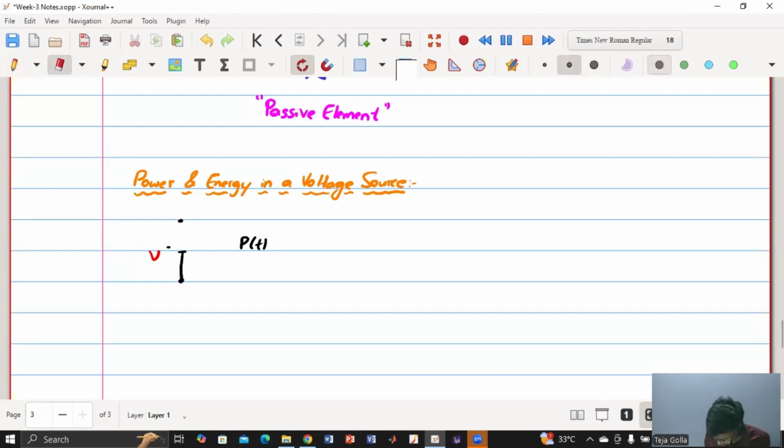Current is in the downward direction according to our earlier convention, so let us stick to that convention. P of t equals V of t into I of t, and V is constant, so I write it as capital V into I.